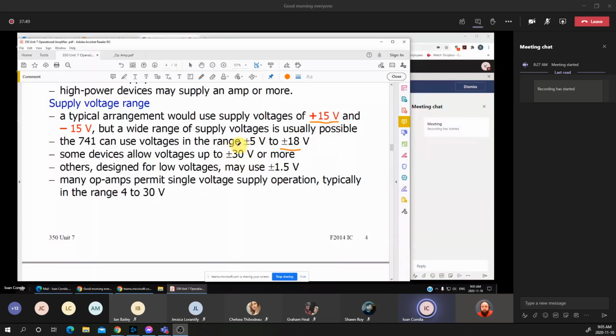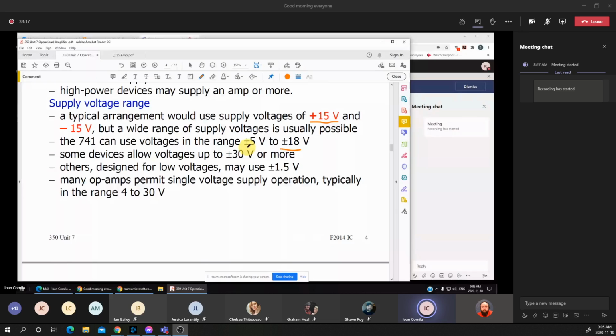And I put an example here that we may see op amps that are used at plus or minus 30 volts. On the lower side, you notice the minimum voltage, because we know that all the transistors have to be placed at the Q point, or in a certain region of the load line.